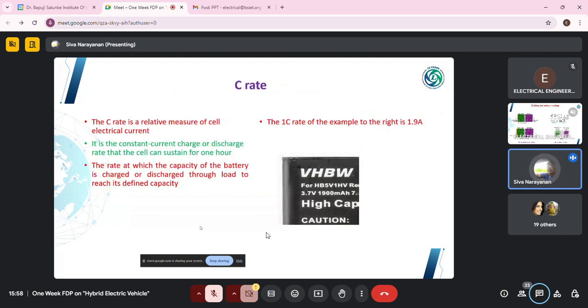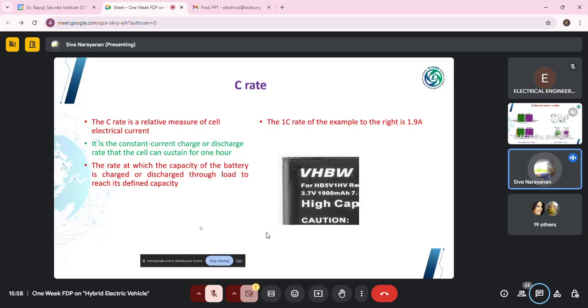The next comes the C rate. So what is C rate? C rate tells that if you are going to give a current, that current must be within the safety limits. That is the first point. The second point is that it tells what value of current you can give with respect to your battery capacity.